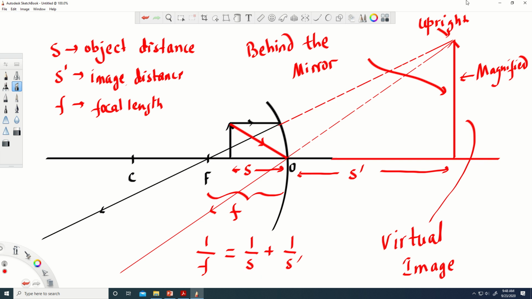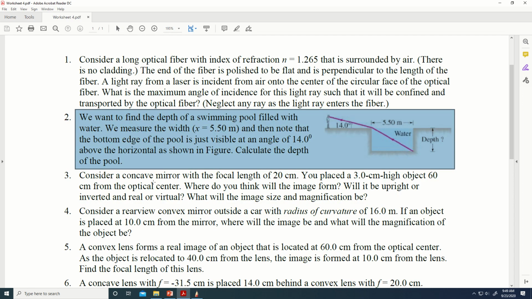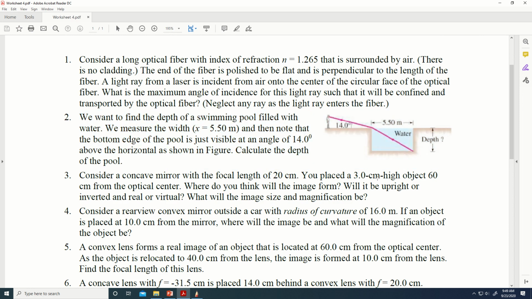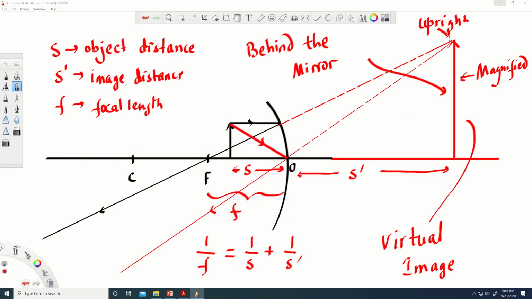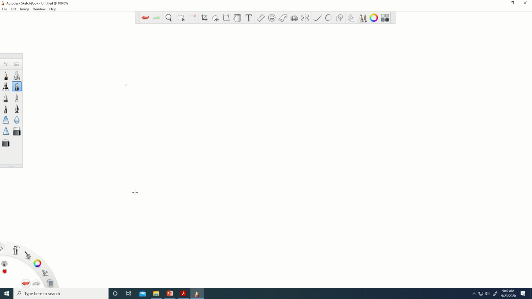So for example, let's look at this worksheet problem. This is a concave mirror with a focal length of 20 centimeters, placed 30 centimeters from the optical center. So where do you think the image will form? So in this problem, you're asked to find S prime, given F and S. So you are given F and S, object distance and focal length.